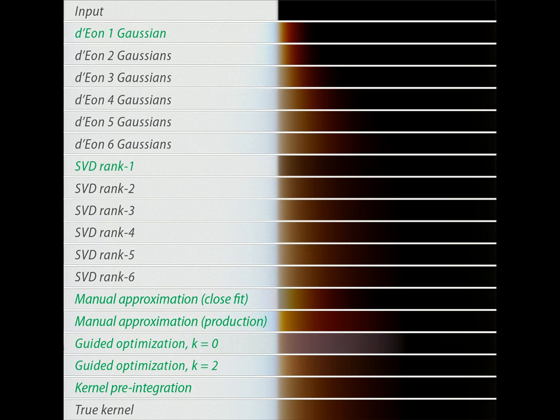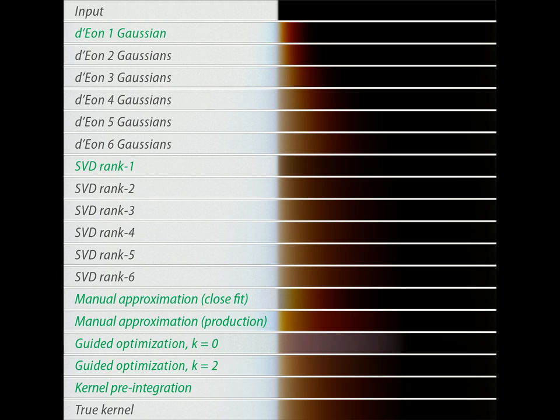The kernel pre-integration is a simple technique that is analytic for additively separable signals. Guided optimization, a more general version of the pre-integration that can be conveniently tuned with one parameter. Manual approximation, many degrees of freedom for artists, while it has a quite reasonable accuracy that is comparable to 4 Gaussians with previous techniques.